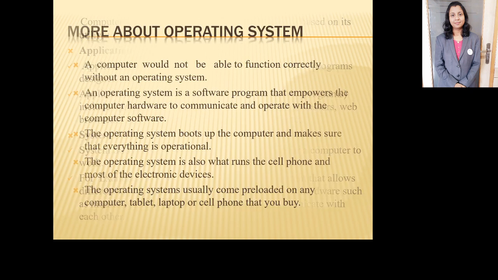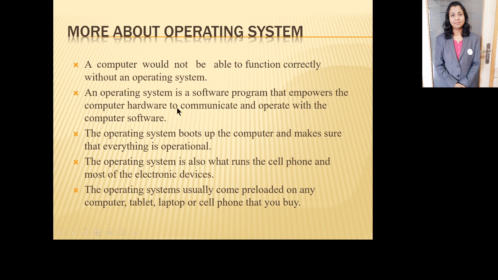Okay, next is more about the operating system. A computer would not be able to function correctly without an operating system. As you must be knowing, the operating system is a software which is needed by the computer to be able to function correctly. An operating system is a software program that empowers the computer hardware to communicate and operate with the computer software.